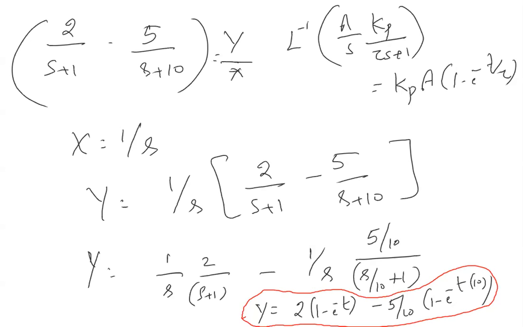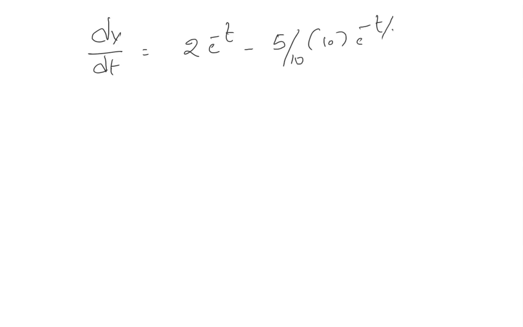So dy by dt is 2 into e power minus t minus 5 by 10 into 10 into e power minus t by 10.